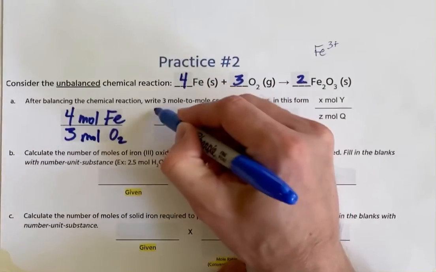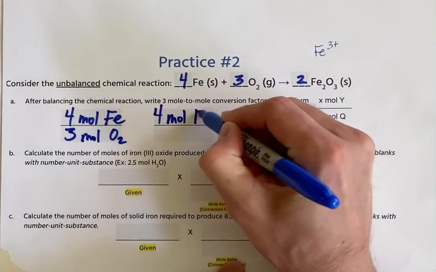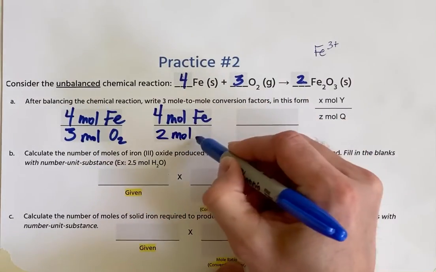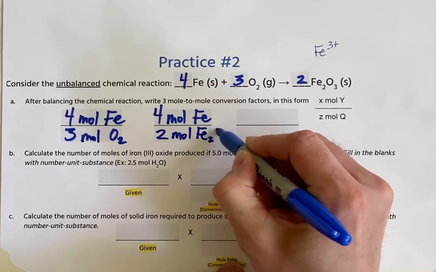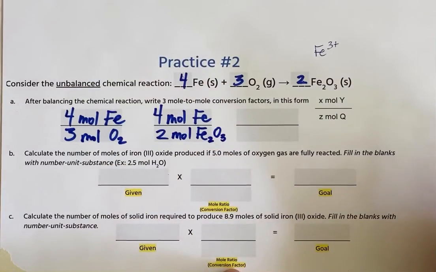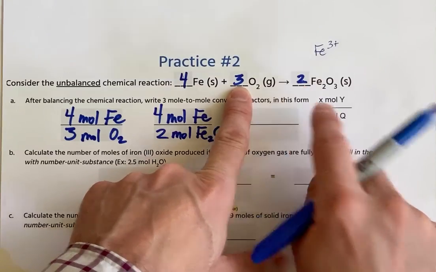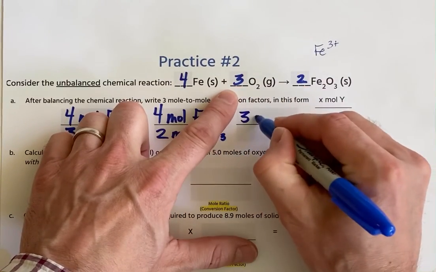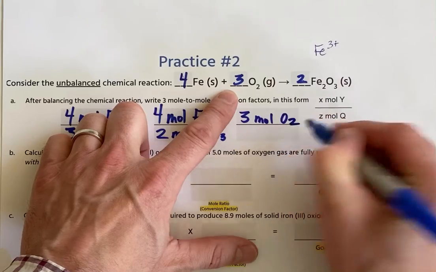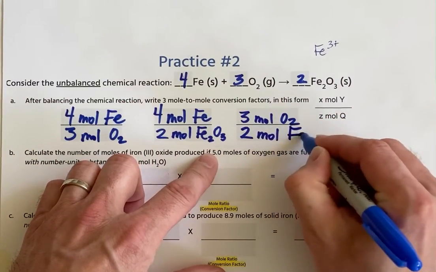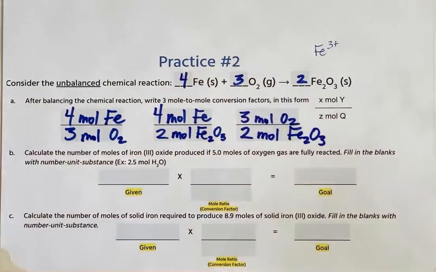We would write 4 moles of iron is equal to 2 moles of iron 3 oxide. And what if we write a conversion ratio for these 2 chemicals? We would say 3 moles of oxygen gas is equal to 2 moles of iron 3 oxide.